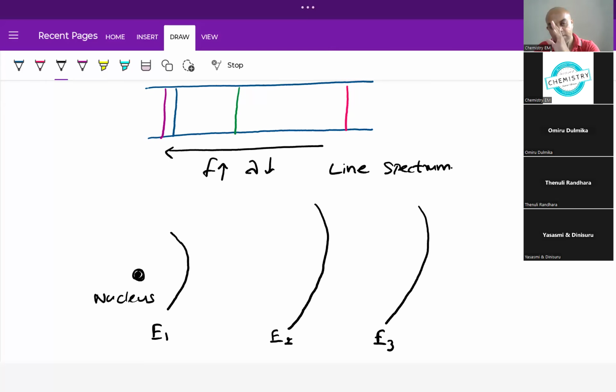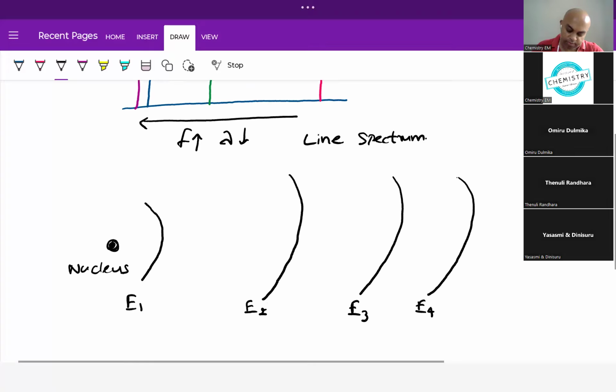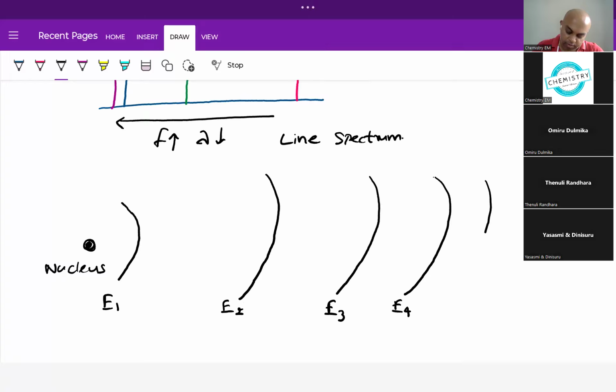Then E4 will be closer to E3 than E3 is to E2. This is E4, and this is E5, then E6. All are circular things around the nucleus, right? Then there are an infinite number of energy levels around the nucleus.